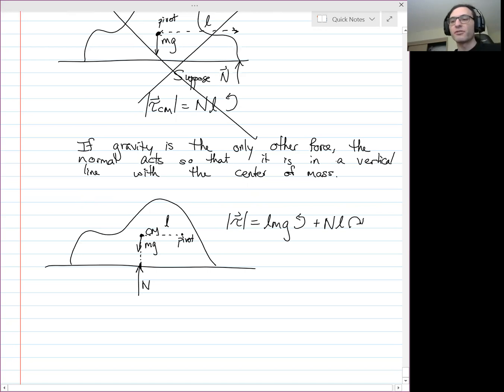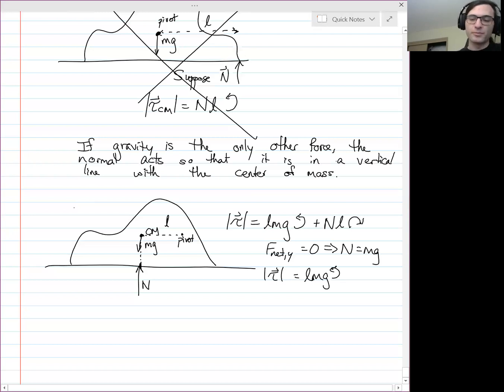But the fact that the net force is 0 in the y direction means that N equals mg. And so, letting clockwise be positive, the net torque is minus Lmg plus Lmg, which is just 0.